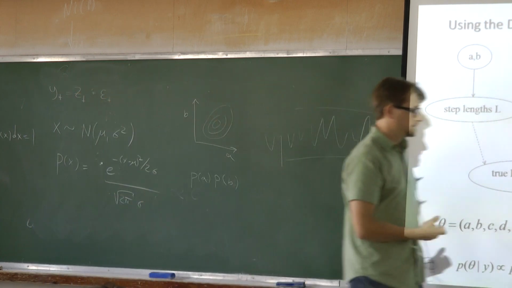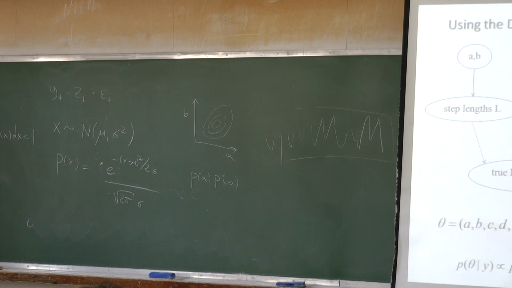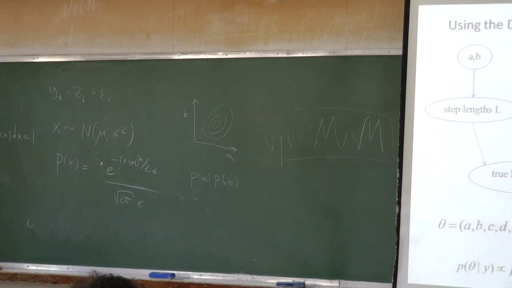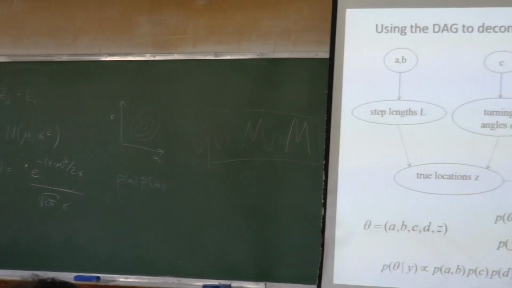So basically, when I'm decomposing the probabilities, I'm looking at what is independent and what is not. Okay? So now I have dealt with all of the parameters, A, B, C, and D. What remains are the true locations. So I can write here the probability of the true locations conditional on all the parameters.